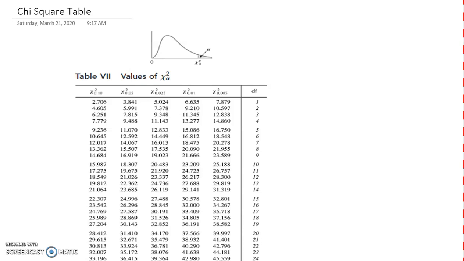10.427 appears to be right between these two values. It's more than 9.210, but less than 10.597, which means the p-value itself is between 0.005 and 0.01. Here's 0.01, here's 0.005. Remember though, we never write it like that. Smaller number goes first, p in the middle. So p is greater than 0.005, but less than 0.01.